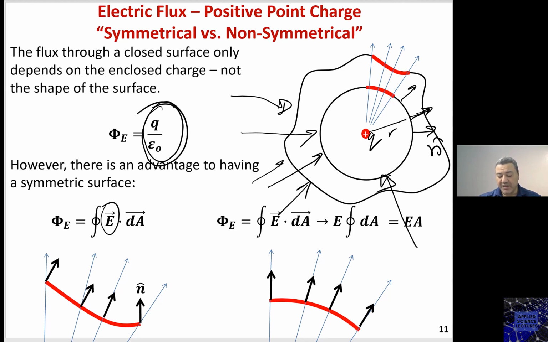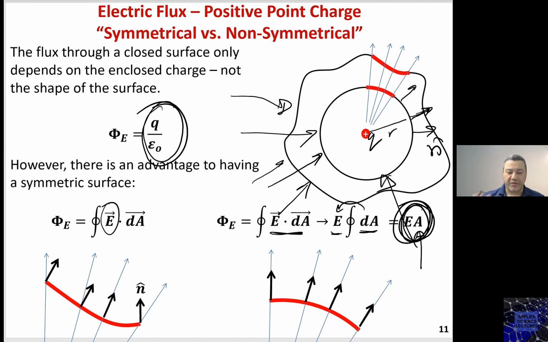In this case, this symmetrical closed surface, which is a sphere for this point charge, will result in this electric field. The dot product will give me E dA, and now the E can go outside of the integration, and I will end up with E times A after integrating the surface.